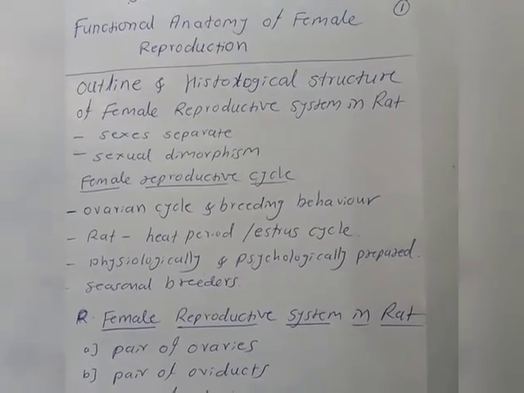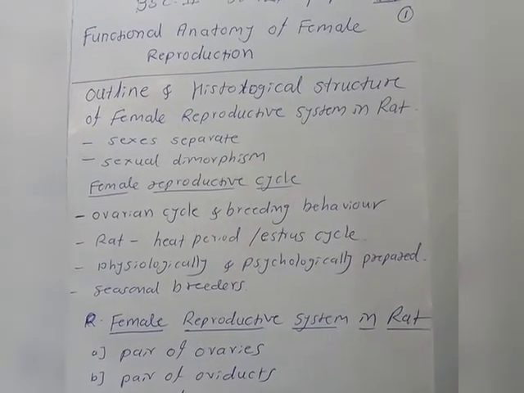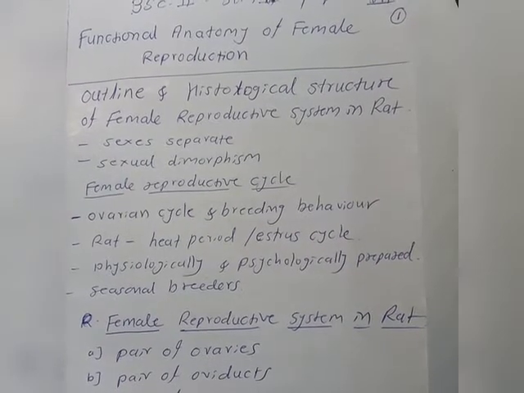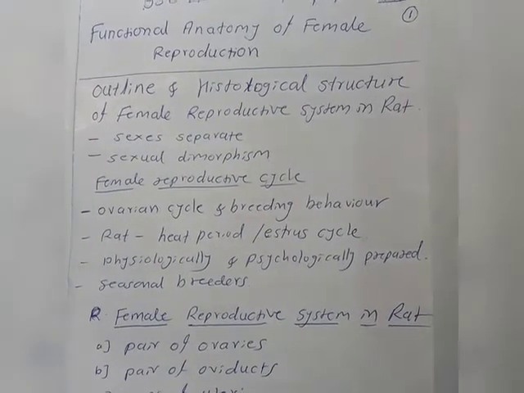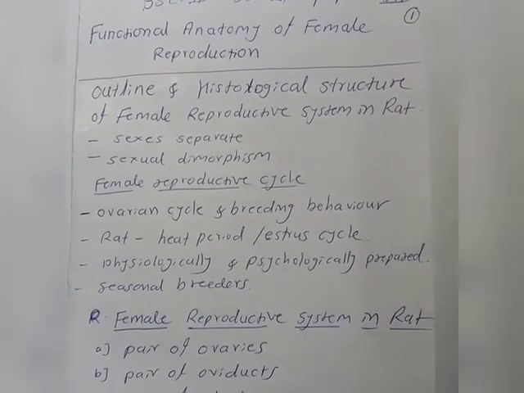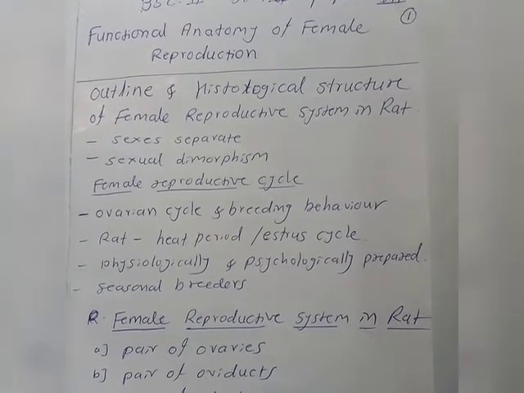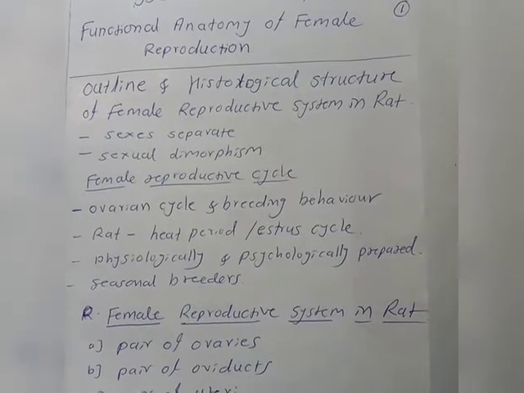First one is the functional anatomy of female reproduction, then functional anatomy of male reproduction, and third one is reproductive health. Amongst these three topics, first one is the functional anatomy of female reproduction.